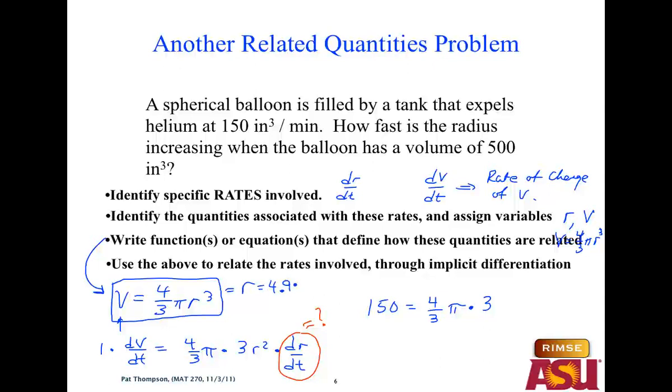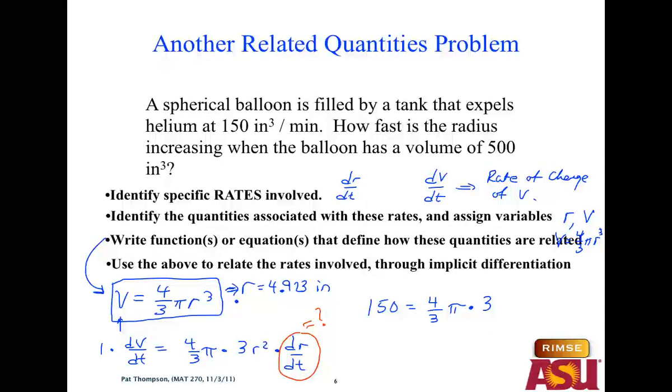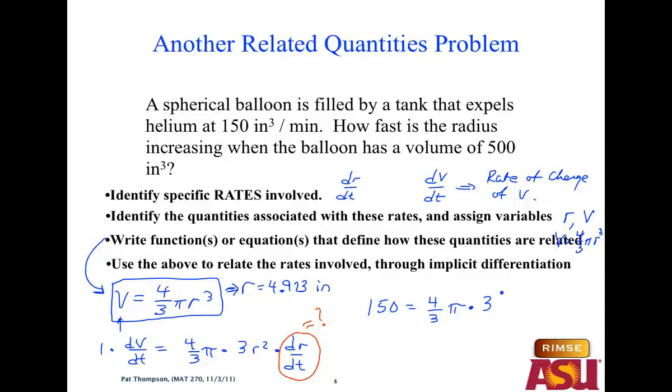That sounds great, and that's inches. So we've got 3 times 4.923 squared times our unknown dr/dt.